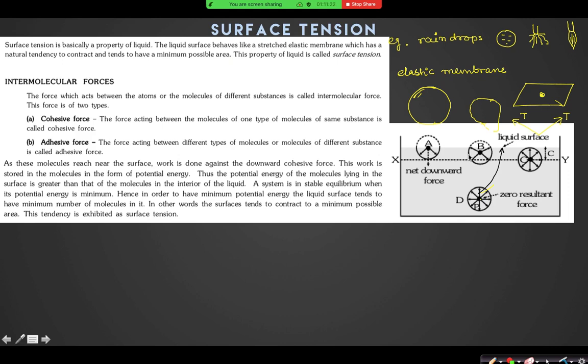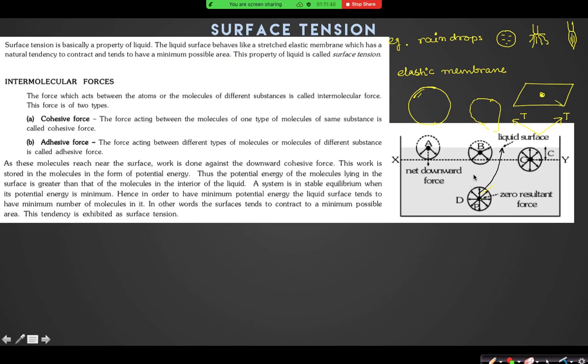The previous one. So you can say that the liquid free surface tries to minimize its surface area because there is an energy perspective in that.